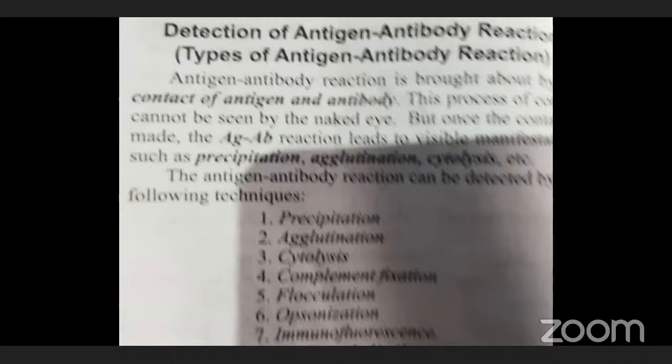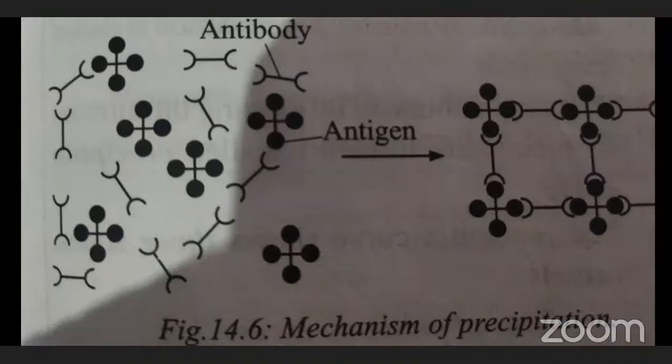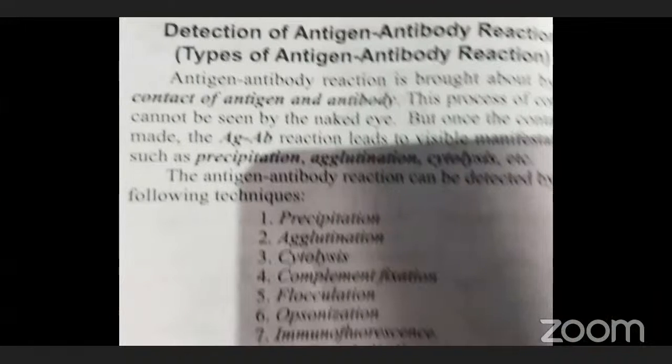So next one is antigen antibody reactions. Yesterday we discussed the antigens. Now I have explained the antibody. Next, how the antigens interact with the antibody. Clear. Only then will the antigens be neutralized.